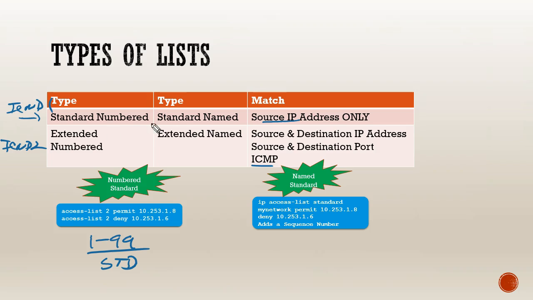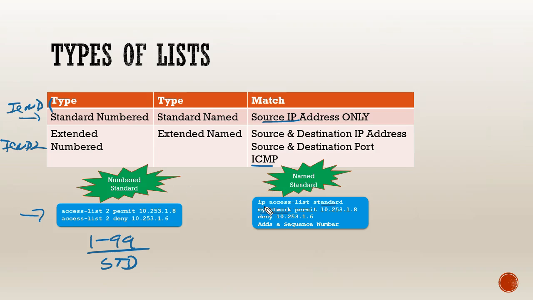The named would be ip access-list standard. We tell it it's a standard list. My network, permit, whatever, deny, whatever. The difference you'll see here is that every time we write a different statement for the access list, we have to write access-list and then the number in the standard numbered.